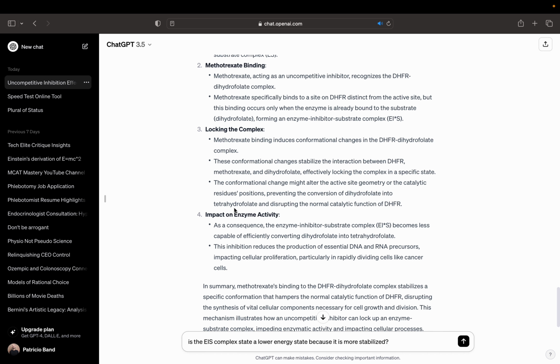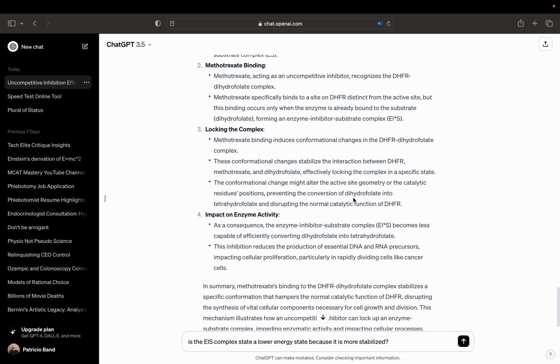The conformational change might alter the active site geometry or the catalytic residues positions, preventing the conversion of dihydrofolate into tetrahydrofolate and disrupting the normal catalytic function of DHFR.